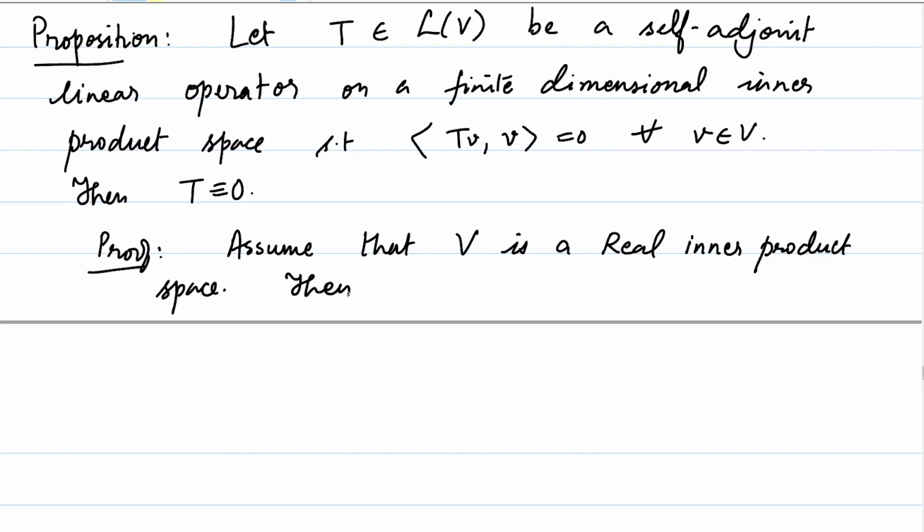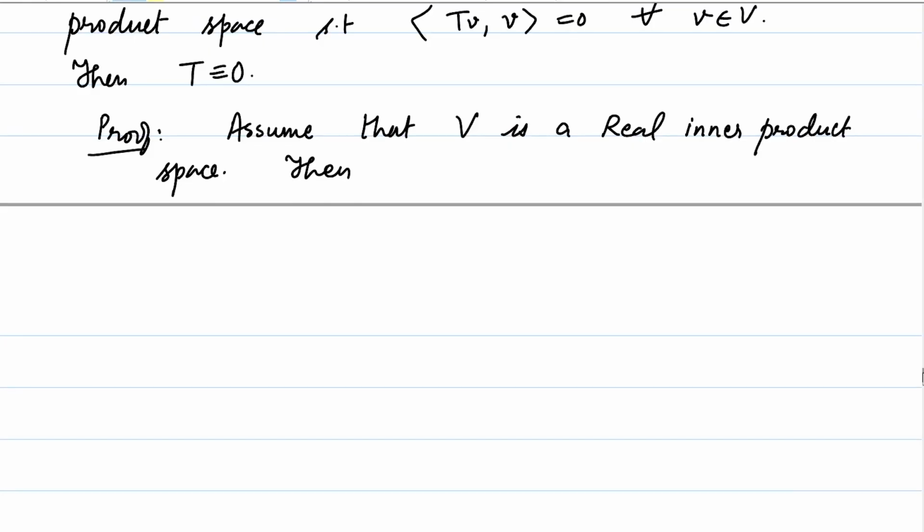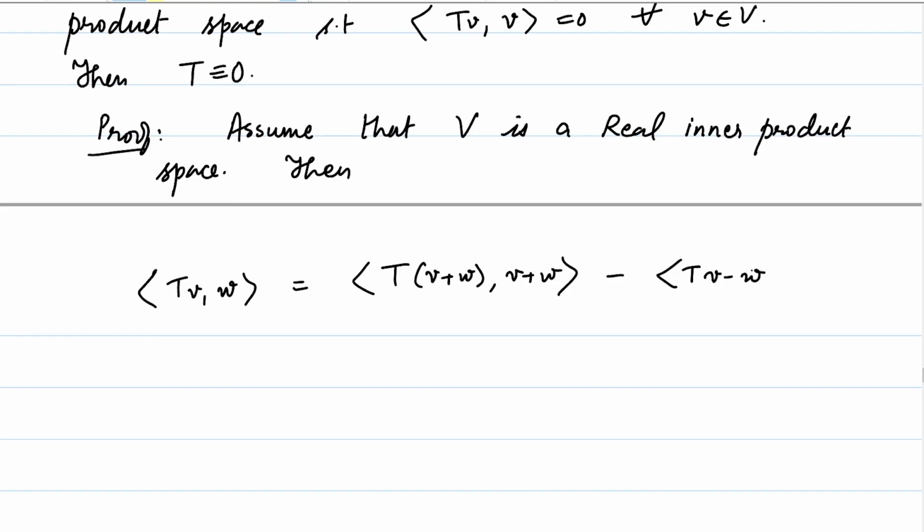Then I will leave it as an exercise for you to check that TV comma W is just going to be equal to the inner product of T of V plus W comma V plus W minus T of V minus W comma V minus W, divided by 4.